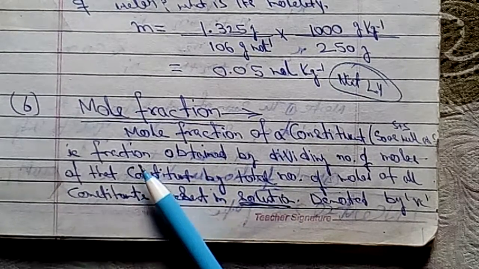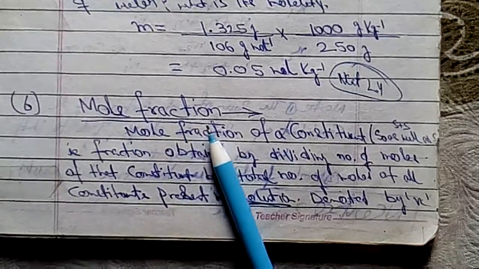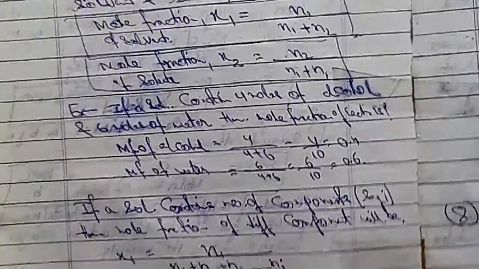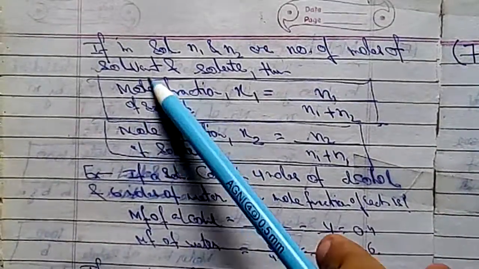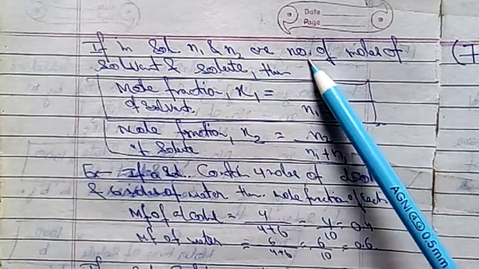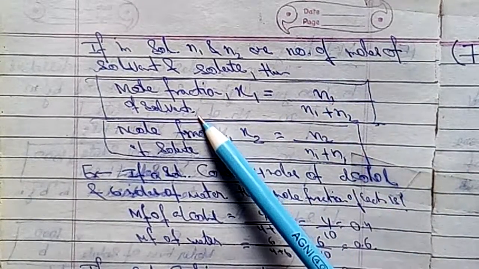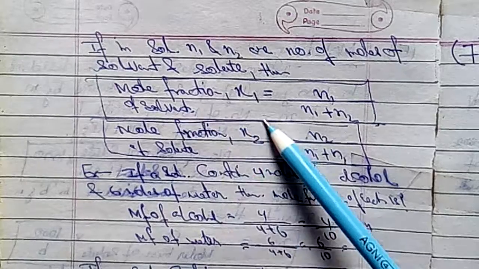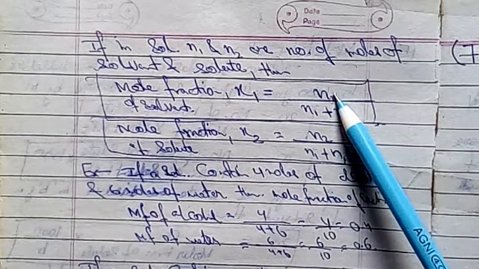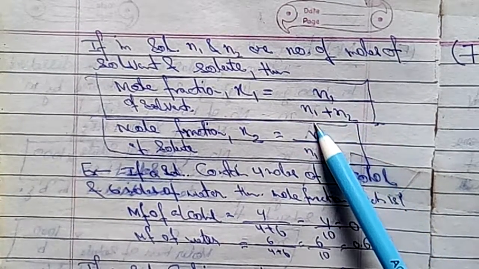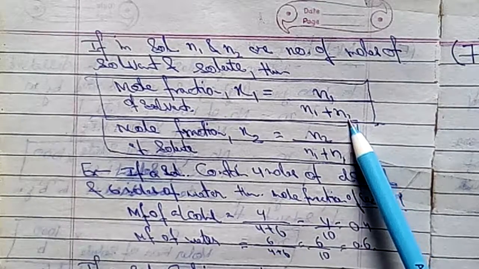If in a solution N1 and N2 are the number of moles of solvent and solute, then what will be the mole fraction of solvent? X1 is the number of moles of solvent N1 divided by total number of moles N1 plus N2.